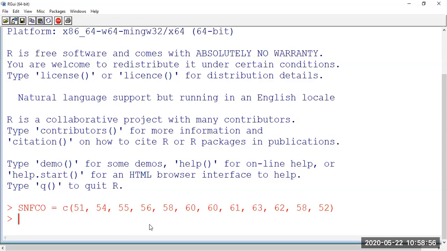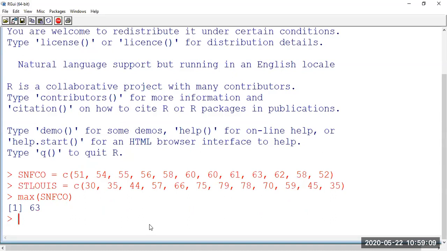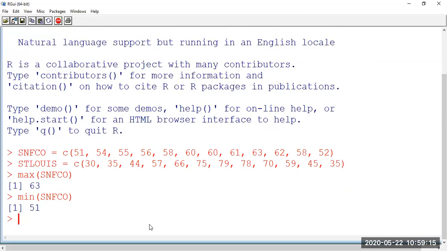Let's check if we did the right thing. For San Francisco, the maximum value is 63, as we found before. The minimum value for San Francisco is 51.